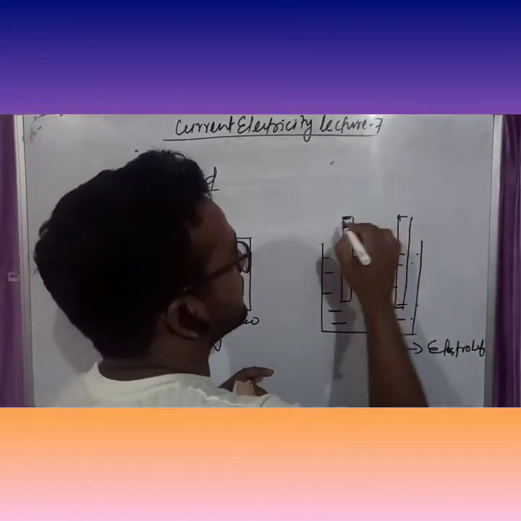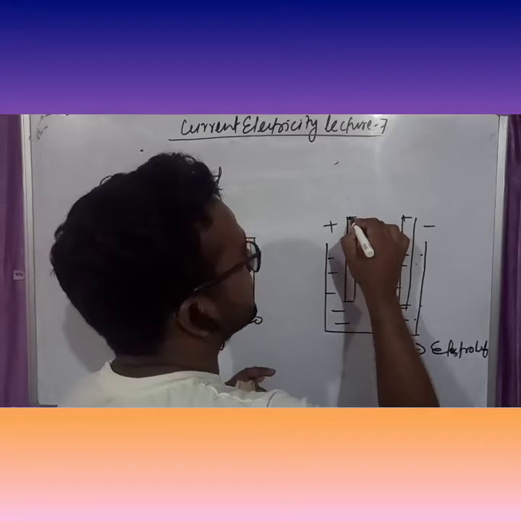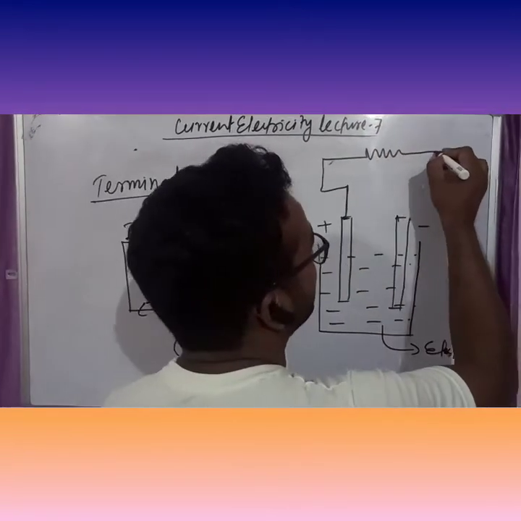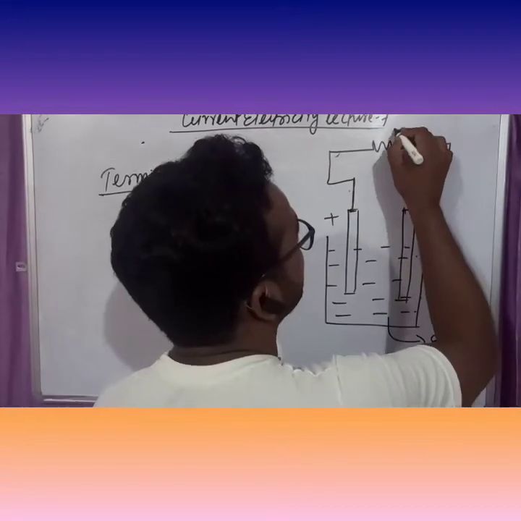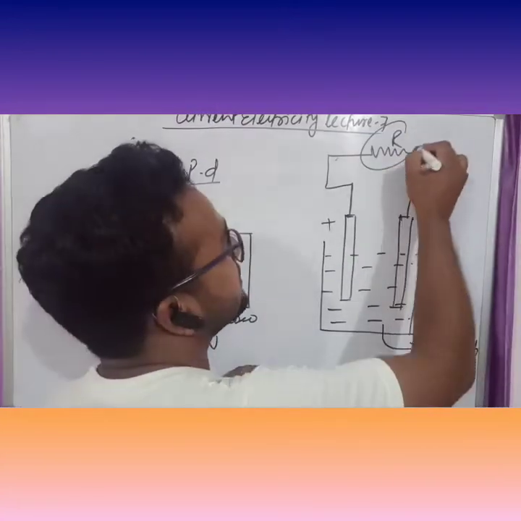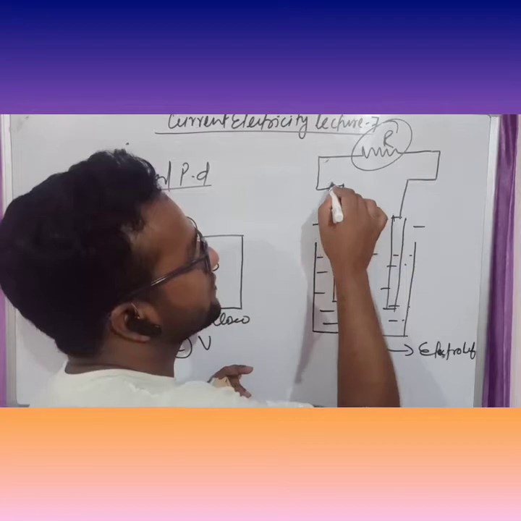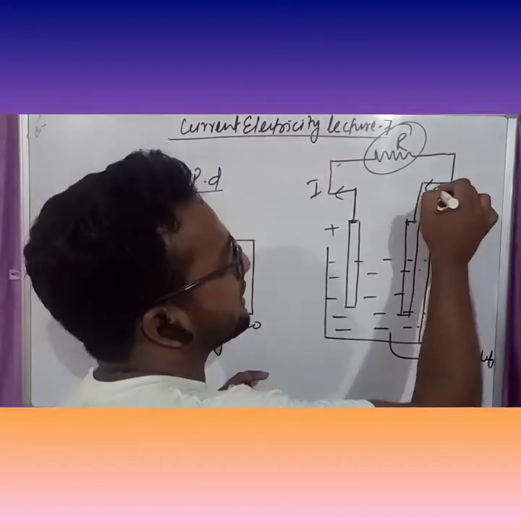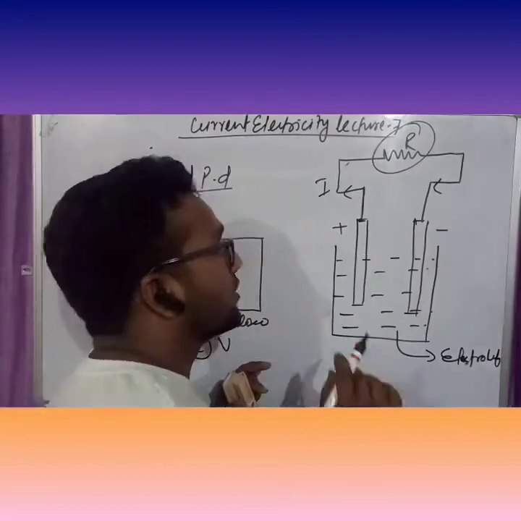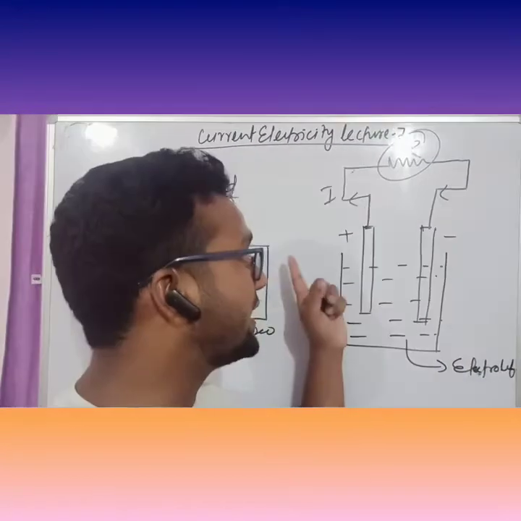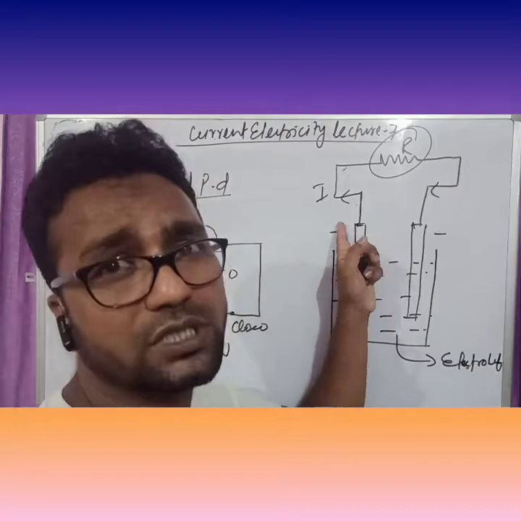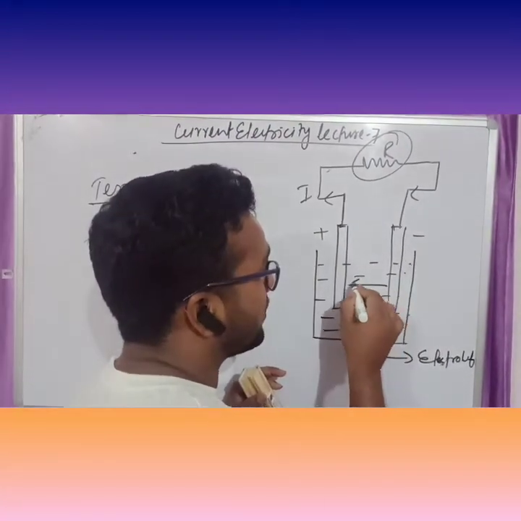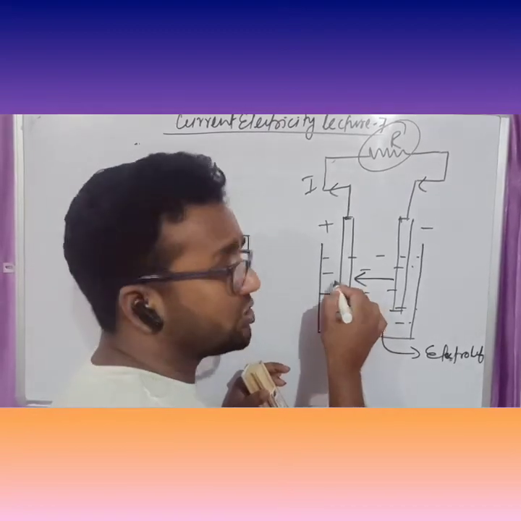Here this will be the positive terminal, this will be the negative terminal, and this shows the external circuit. It is the R. Here current is flowing from the positive terminal to the negative terminal outside the cell, but inside the cell it moves from the negative terminal to the positive terminal.